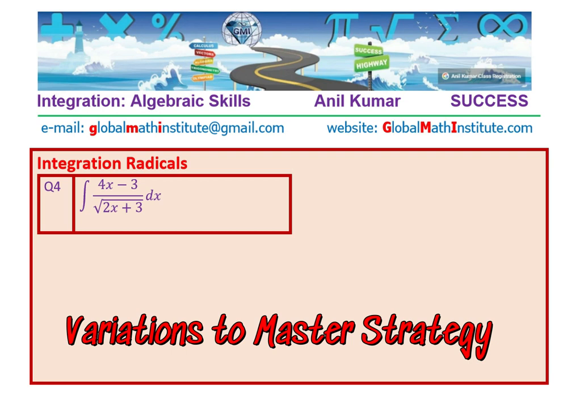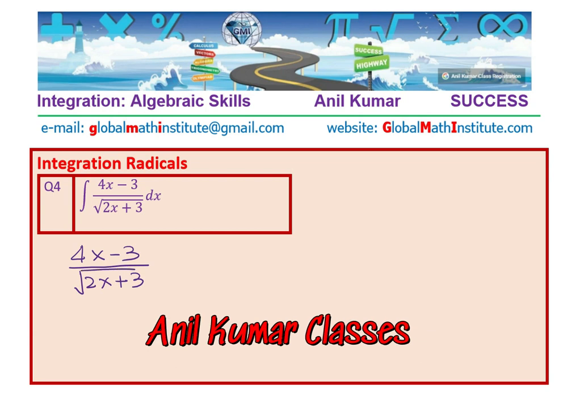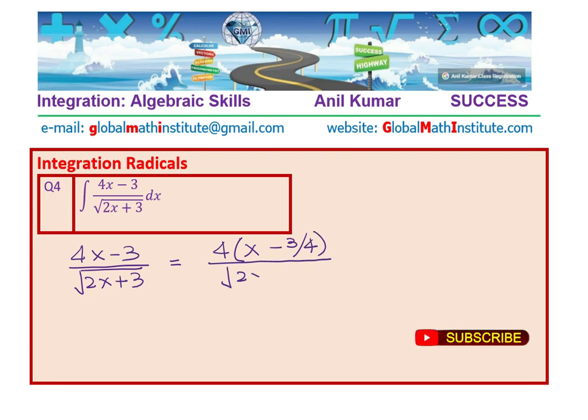We have 4x minus 3 over the square root of 2x plus 3. So work with the expression first. Since we want 2x, let me first factor out 4 itself. I'm teaching you different strategies for how you could do this. So we get x minus 3 by 4, over the square root of 2x plus 3.